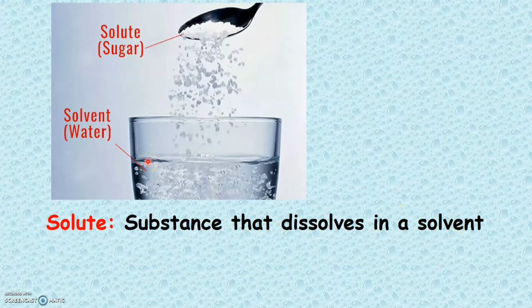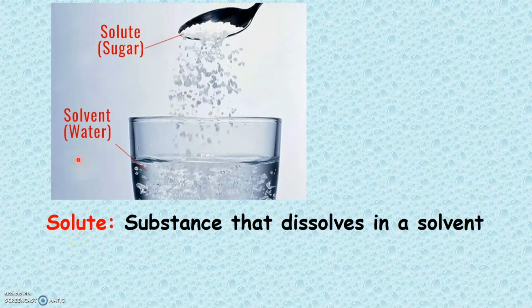So here, as we have already seen, we have added sugar into water. So sugar, on stirring, it has dissolved completely in water. So sugar is the substance here that dissolves in water. So this substance that dissolves in this solvent is called solute.